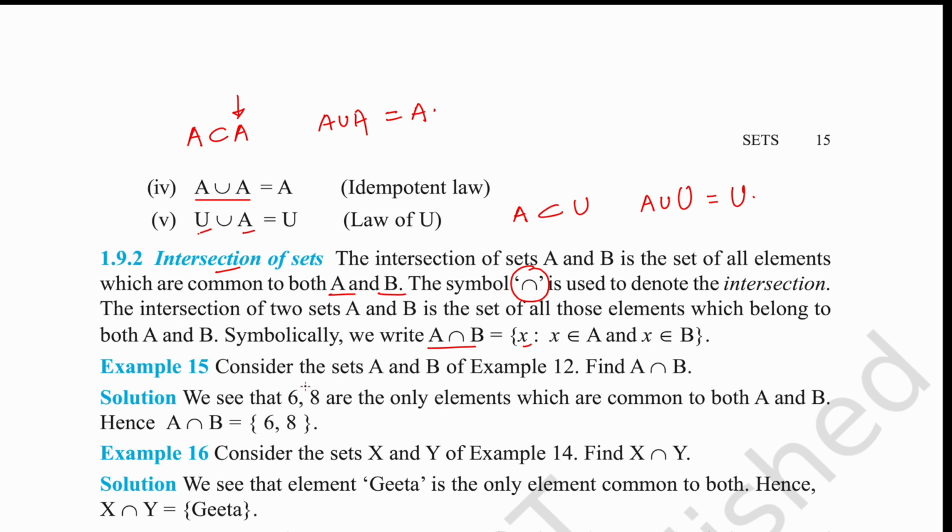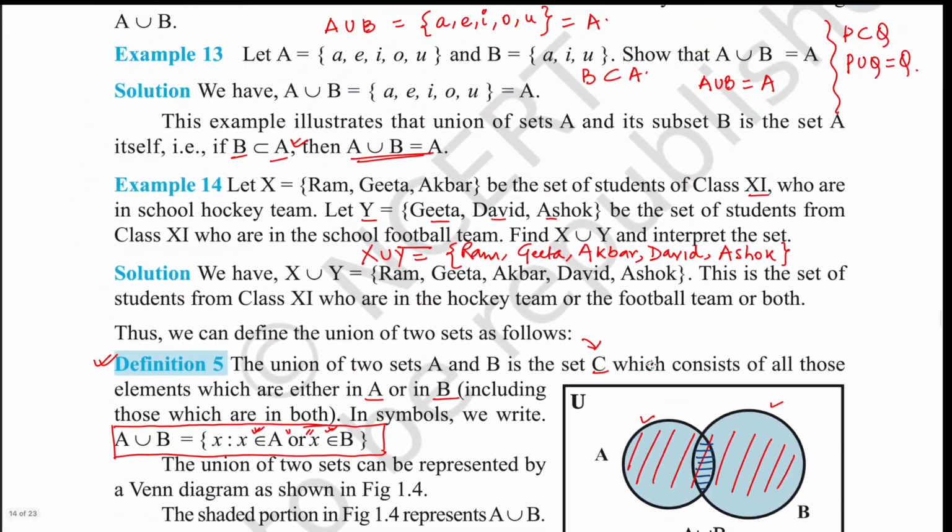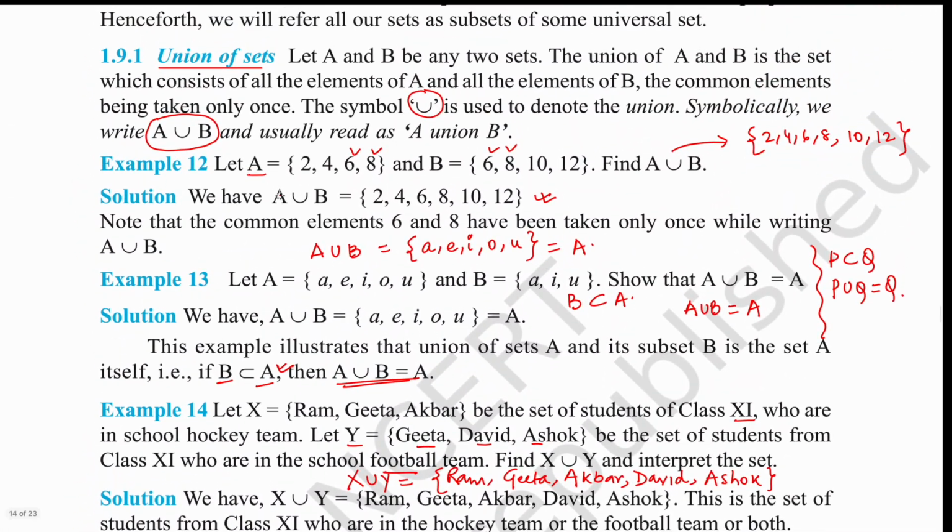Okay. So the next example is, consider set A and B of example 12. Find A intersection B. So let's go to example 12. So here you have example 12. Here A intersection B is going to be a set which has the common elements between A and B. So what are the common elements between A and B?